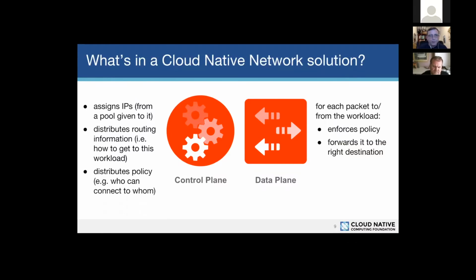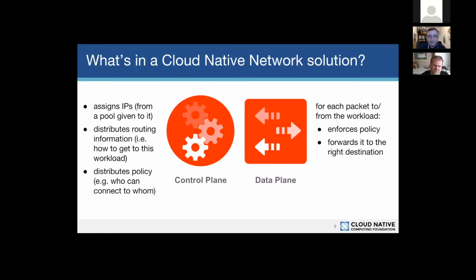The routing information, how am I going to get to a particular container, and also maybe policy, which is another thing we're going to get into in detail later. But a lot of people are pretty keen on having control over who can talk to whom on the container network. So that's the control plane. The data plane is on the right-hand side of the picture.